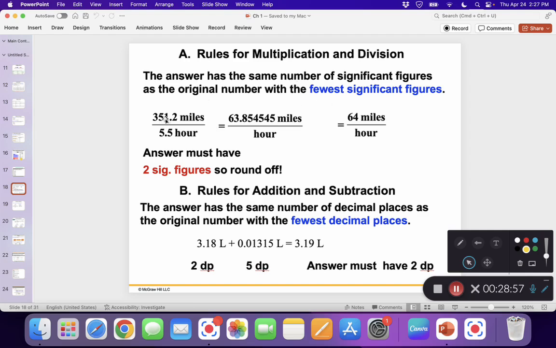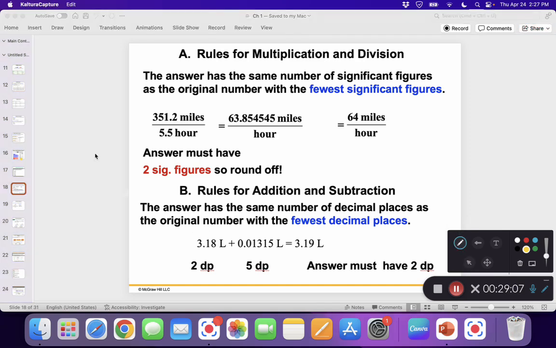So let's count. The numerator has 1, 2, 3, 4 sig figs. The denominator has just 2 sig figs. So this one has 4 sig figs and this one has 2 sig figs.